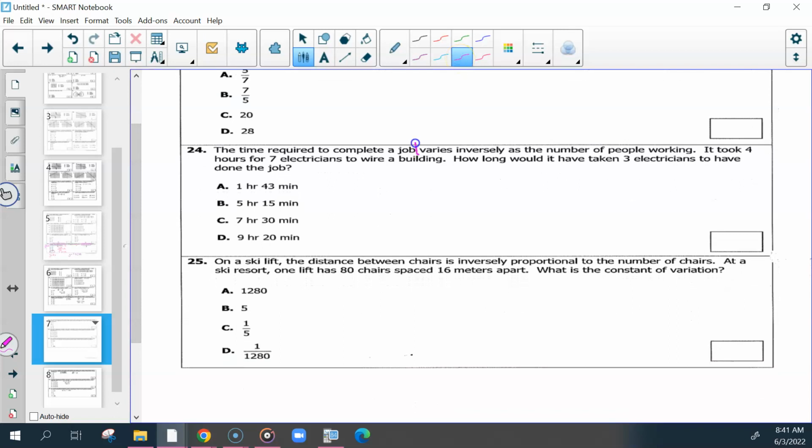So this one is varies inversely, so we are not doing anything with directly. The time required would be our y. The number of people would be our x. To find our k value for inversely, we are multiplying y and x.